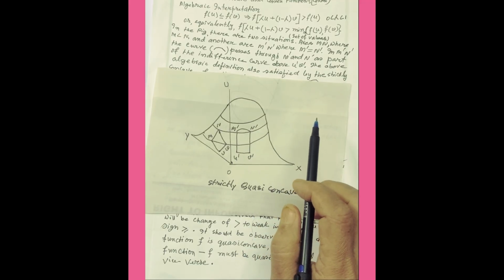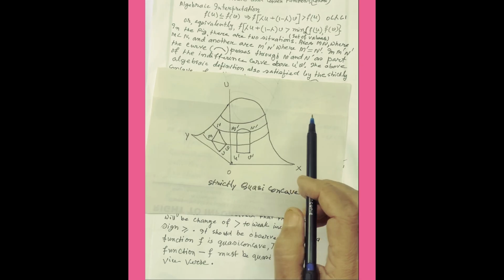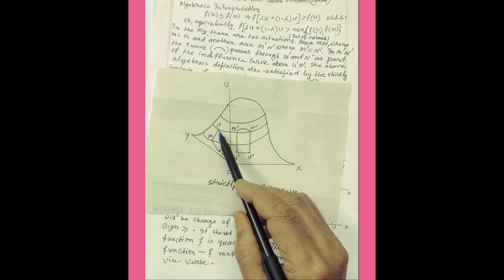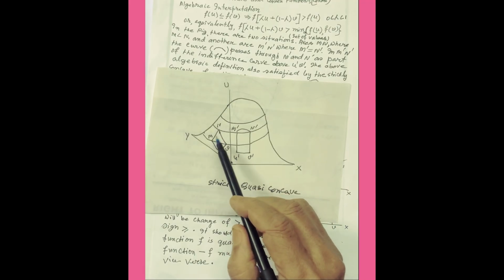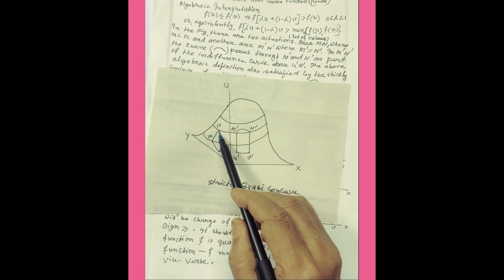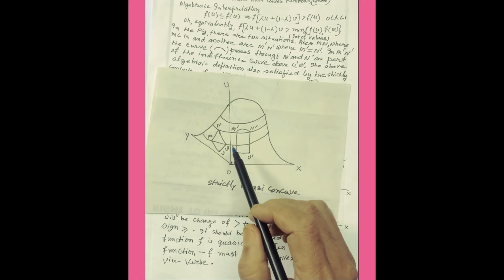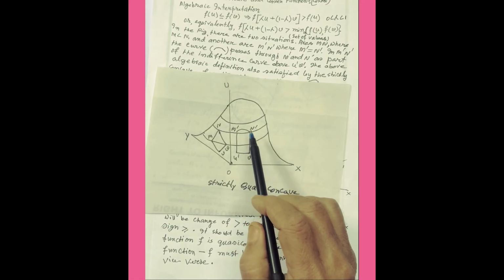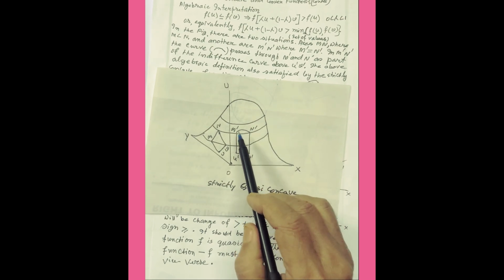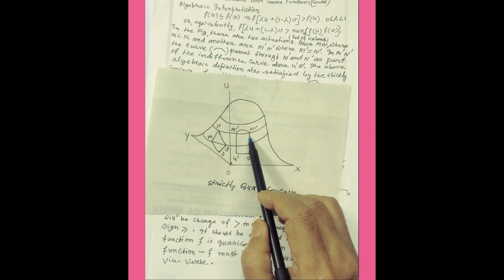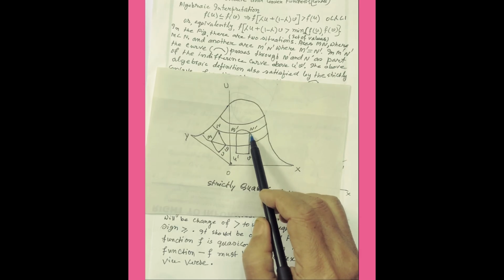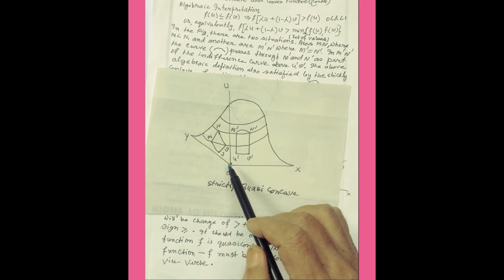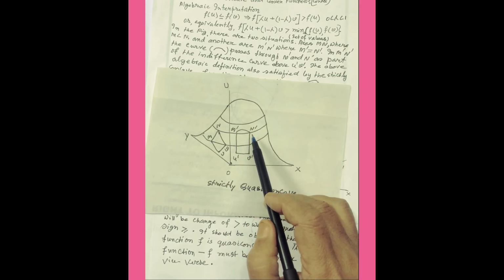Now in the figure there are two situations. Arc MN, where M is less than N. So this is MN, M is at a lower level and N is at a higher level. And another arc M prime N prime, where M prime is equal to N prime. In this case the curve passes through M prime and N prime.